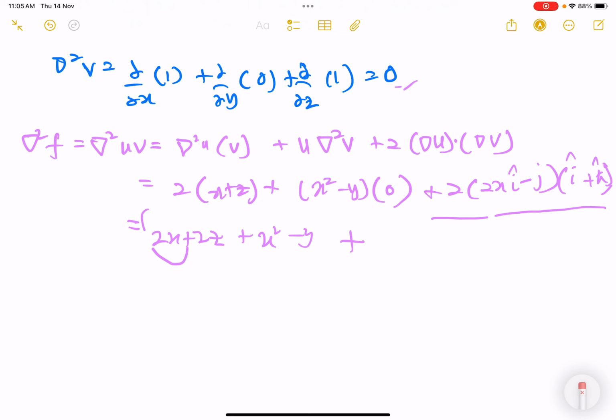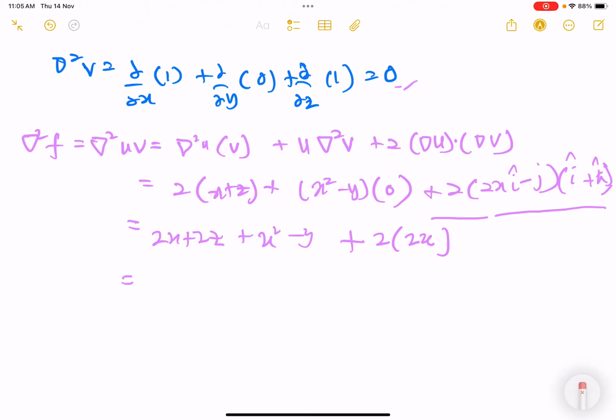Okay, correct. So should be 2. This one should be 2x. I with I, J with nothing, K also with nothing. So only 2x left.